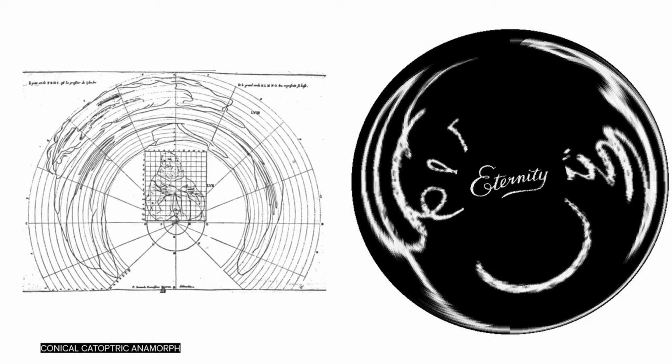So it seemed like exactly the right kind of image for us to borrow when we came to think about this installation. And here you see on the left a diagram of the conical catoptric anamorph, and then our version of it on the right.